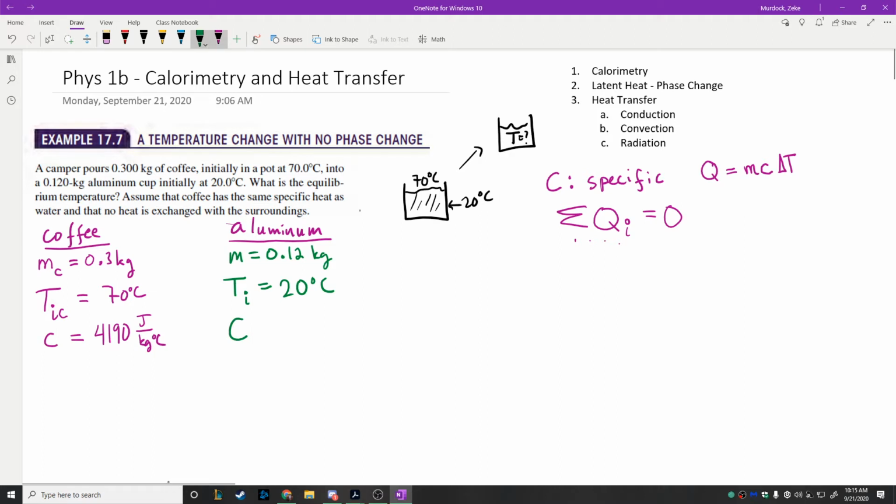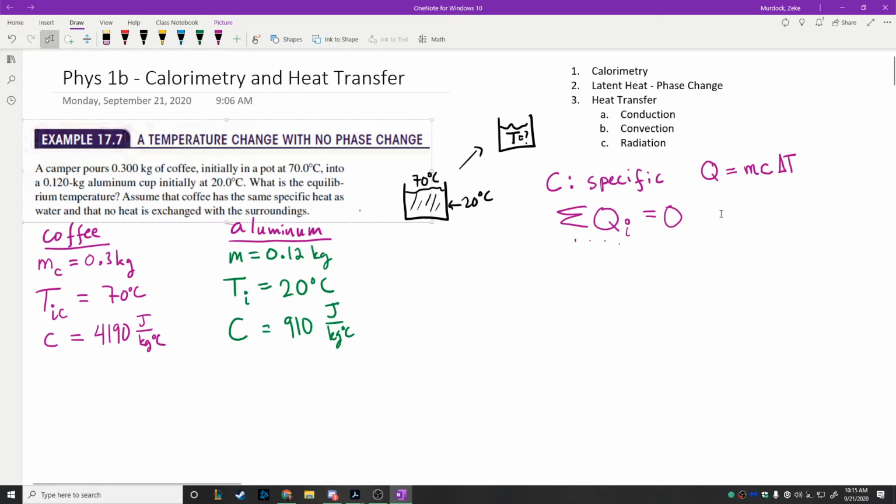So this would be the specific heat of coffee, and this will be the specific heat of aluminum, which we'll just call C. And what was it? I forgot already. Was it 910? Yes, so we'll go with that.